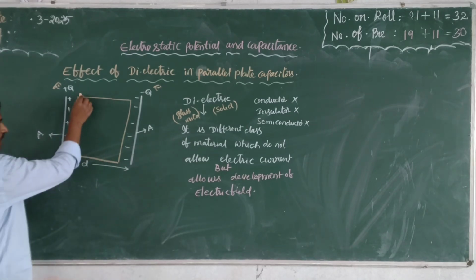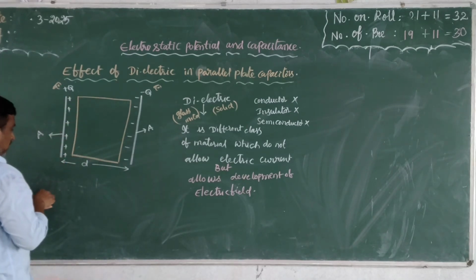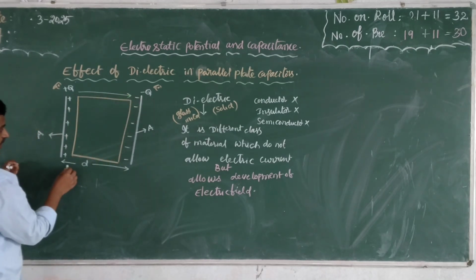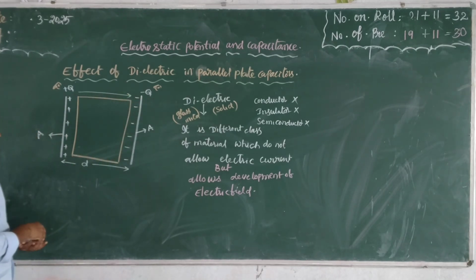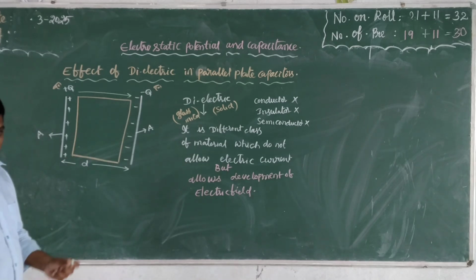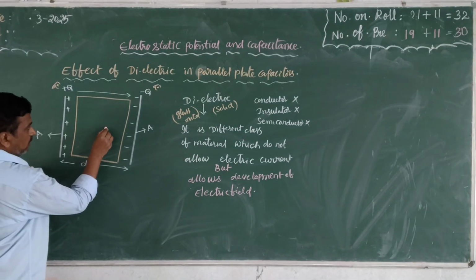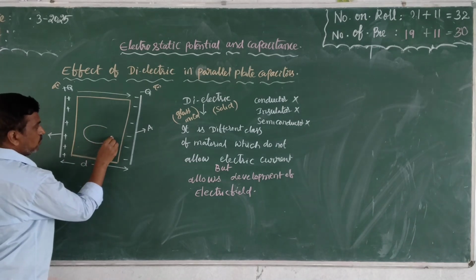See here, the direction of the electric field is always from positive to negative. In this dielectric there are atoms and molecules. For example, here is a molecule.